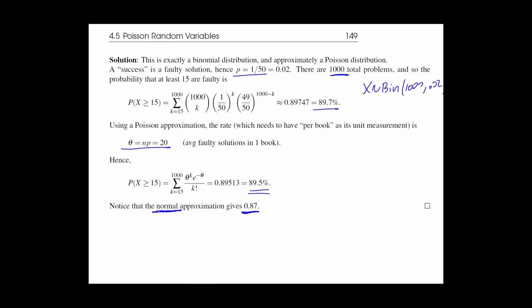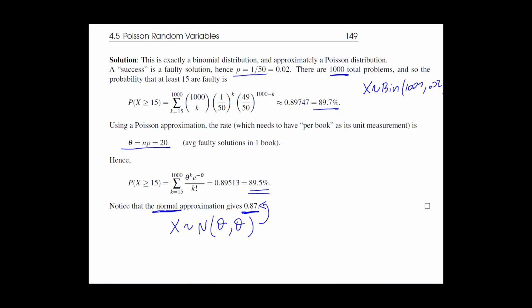Now remember, in the normal approximation, we simply say x is not binomial, not Poisson, but normal with the mean and variance of a Poisson distribution. Now with 0.87, I did it with theta and theta. That gave me that result.